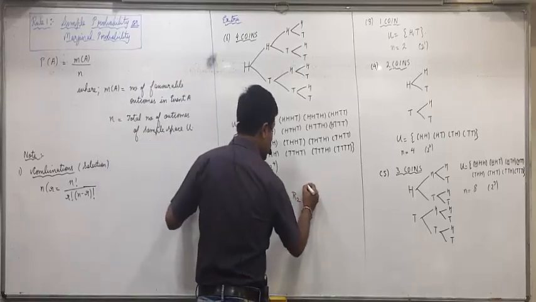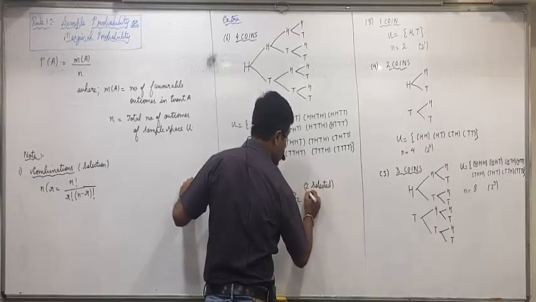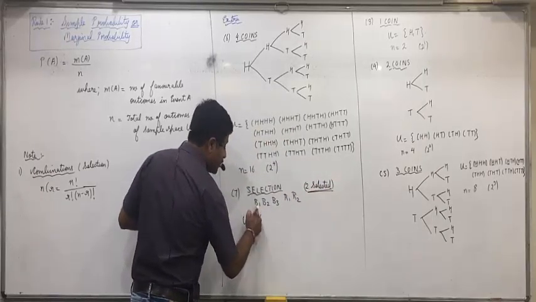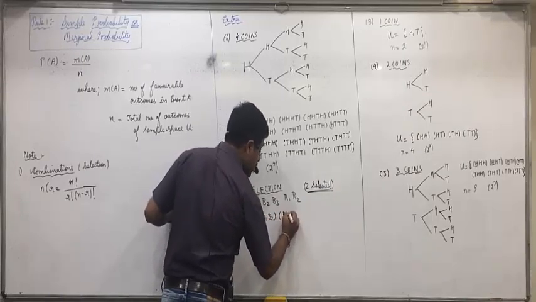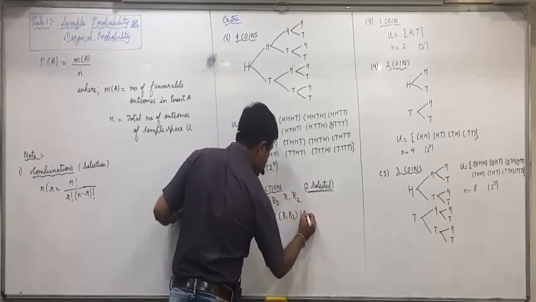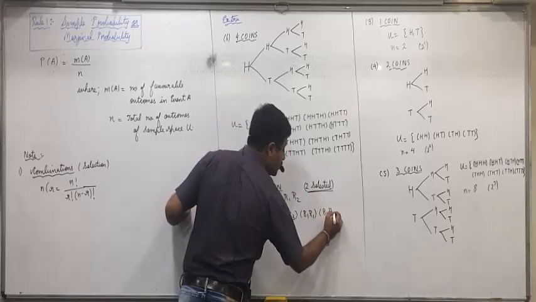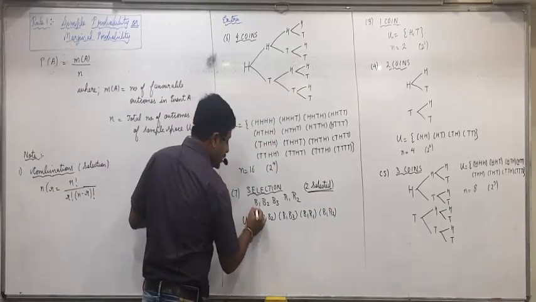So it makes a difference whether you select B1 or B2 or B3. Now suppose 2 balls are selected. Then our sample space will be, suppose we start with B1, then B1 B2, B1 B3, B1 R1, B1 R2. Understood this? Okay, this is how we have selected.